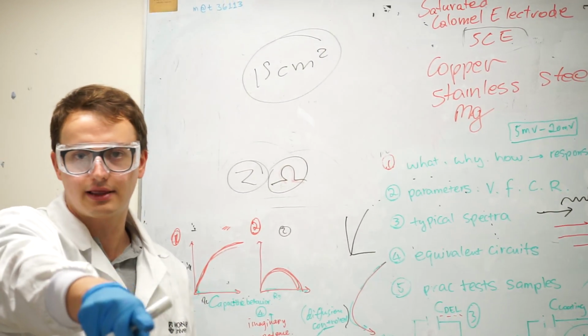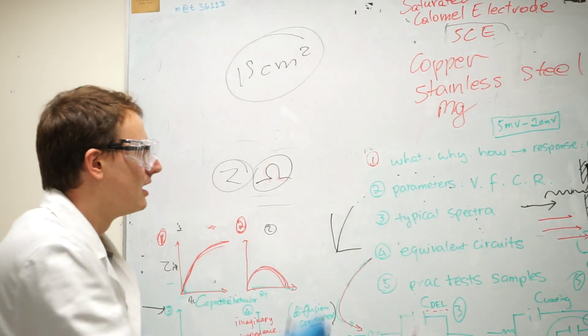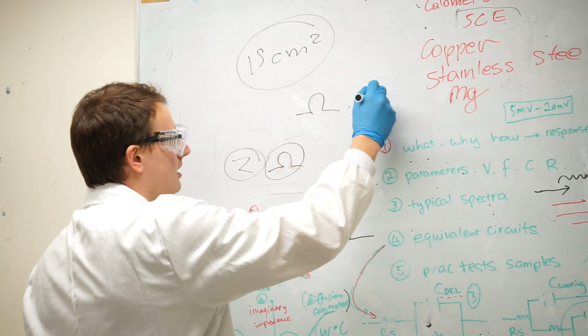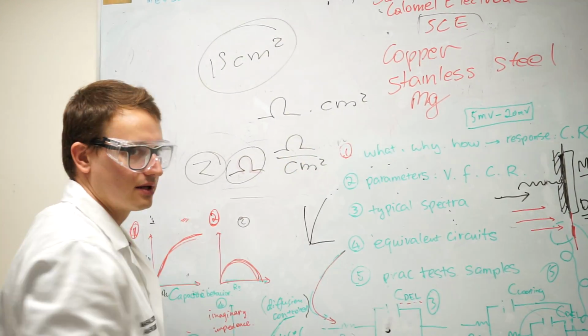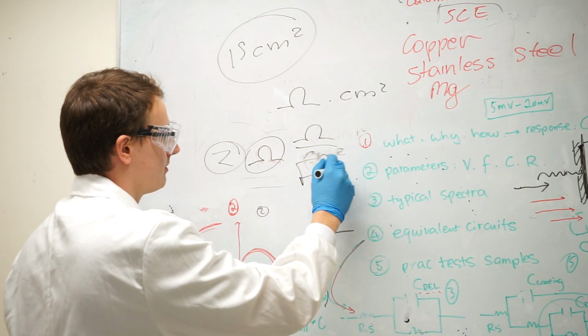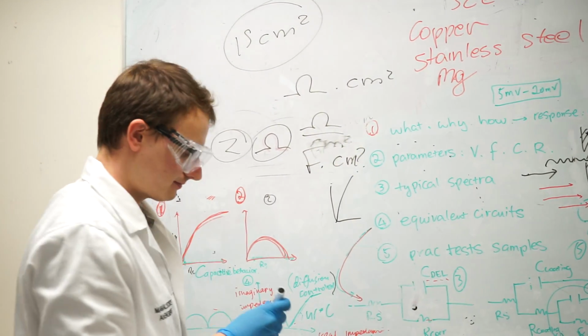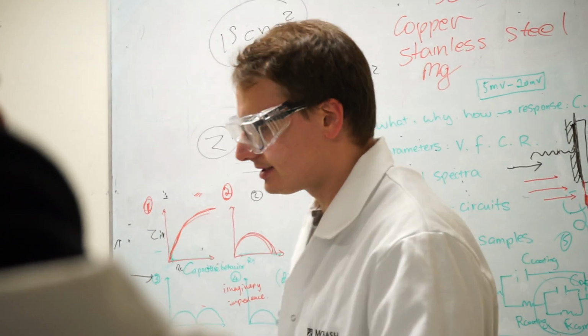The values you're going to get there are not normalized by area, so you use this to normalize. So your resistance will be this, and your capacitance will be this. Actually, no, it's Farads. So make sure the units are normalized and everything will be fine.